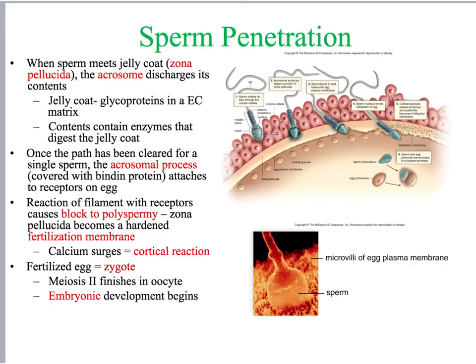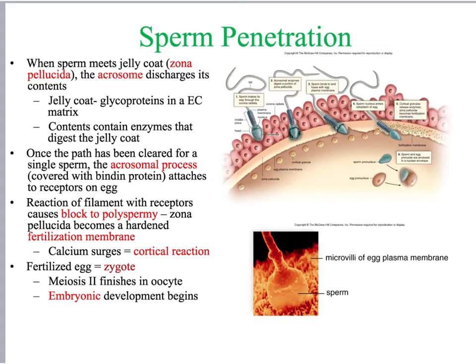that attract and bind any other sperm that might make it through the zona pellucida or the jelly coat. So once the plasma membrane of the sperm and oocyte have fused, there are waves of calcium that are released from the oocyte's endoplasmic reticulum into the cytoplasm. These calcium surges trigger a cortical reaction, which is the exocytosis of lots of granules located just inside the plasma membrane.